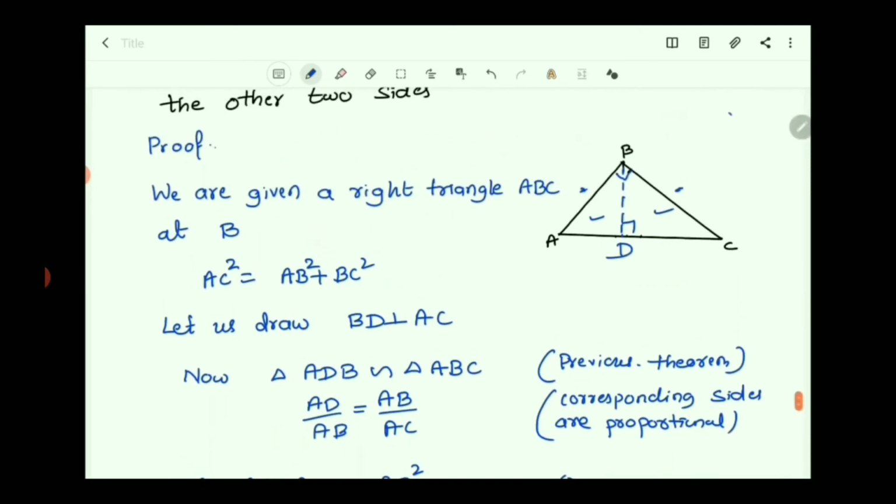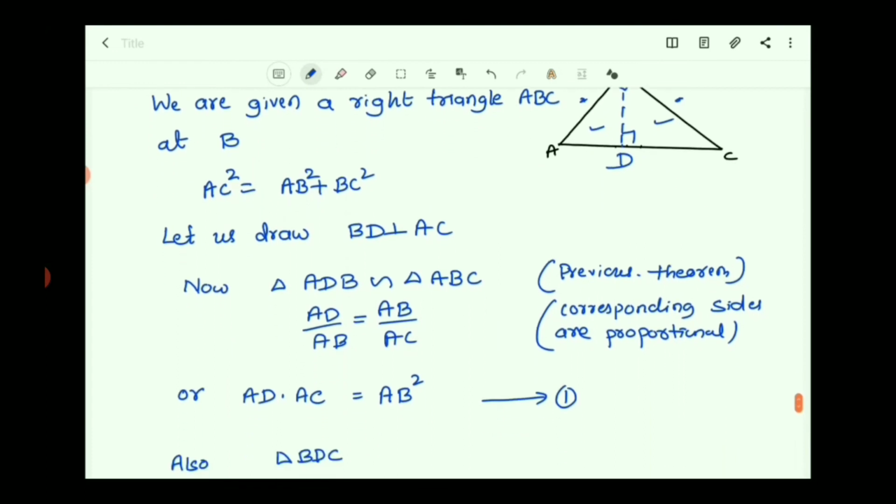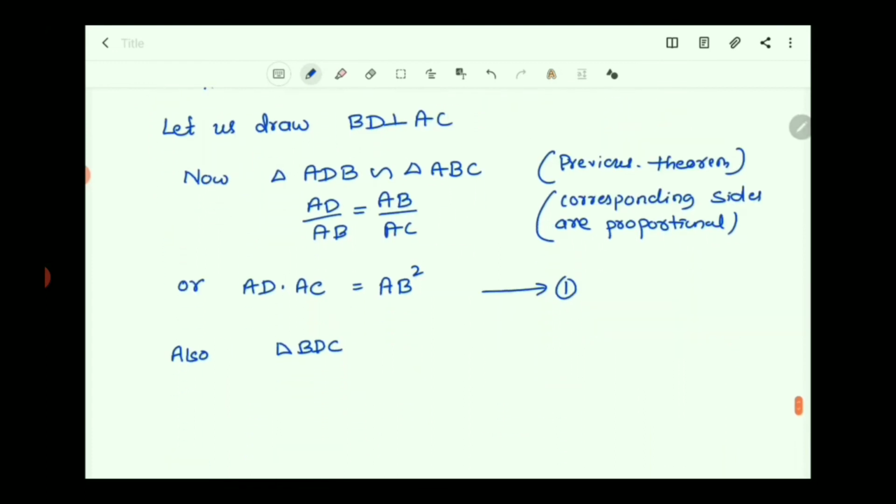BDC is the triangle formed on the other side of the perpendicular. So triangle BDC is similar to the given triangle ABC.